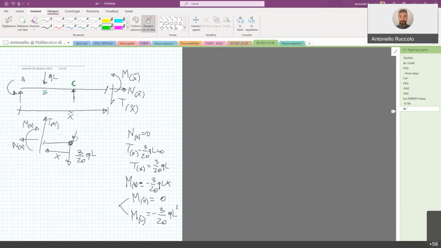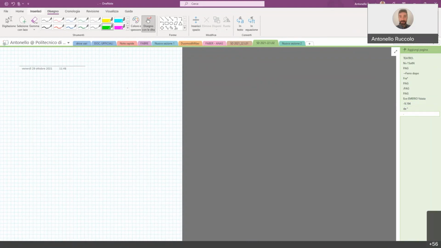We can go on still for a quarter of an hour, no more, starting another exercise, just to see the main features of it. If you have any question, please tell me.